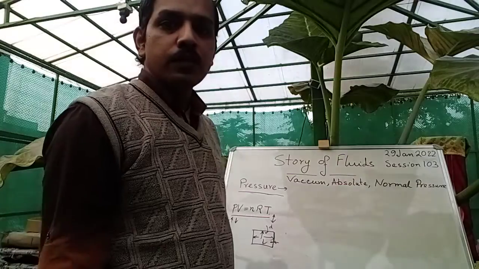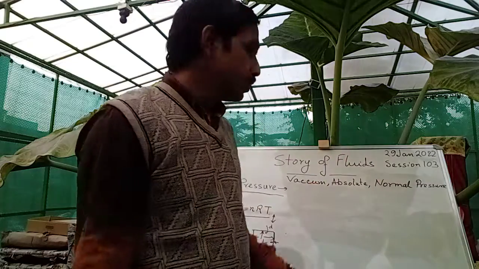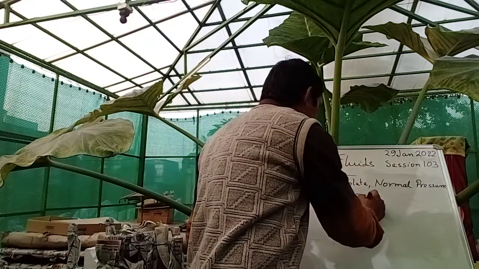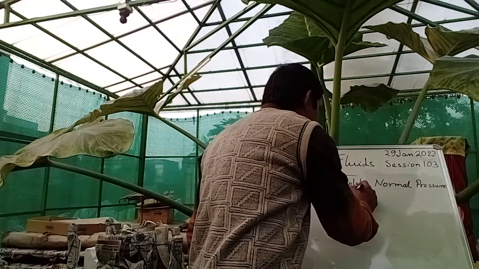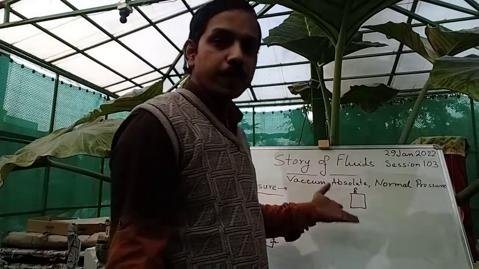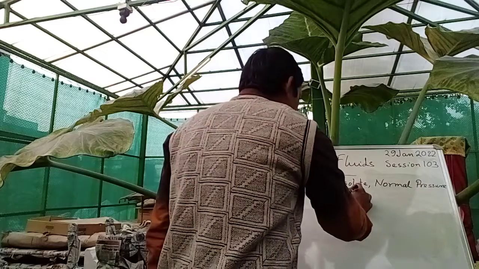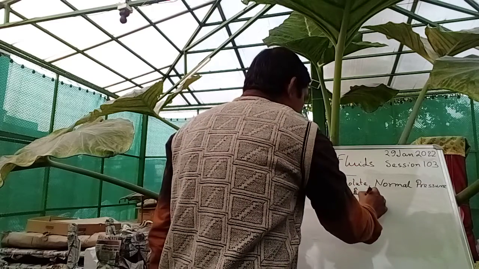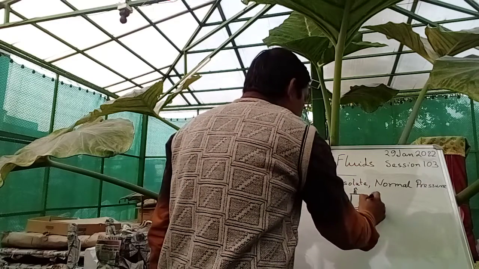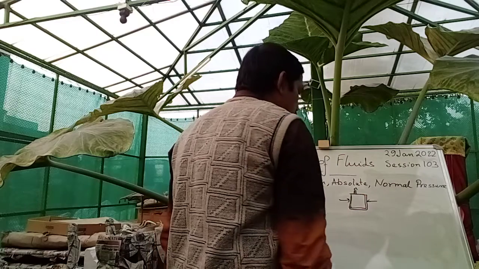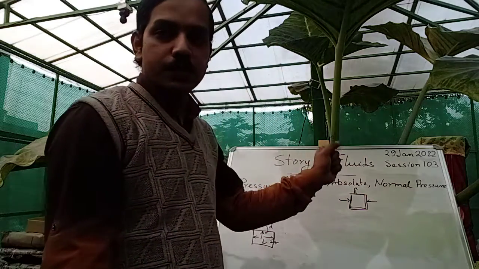So vacuum pressure is when a container has nothing. We can take a container and take out all the material, all the gases, from inside. Definitely it has to have strong walls, otherwise the external atmospheric pressure will squeeze it.